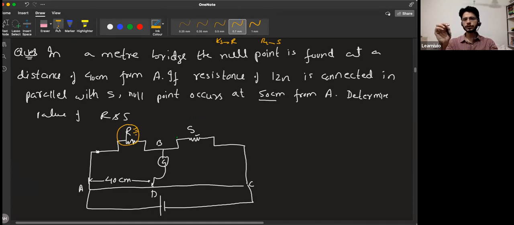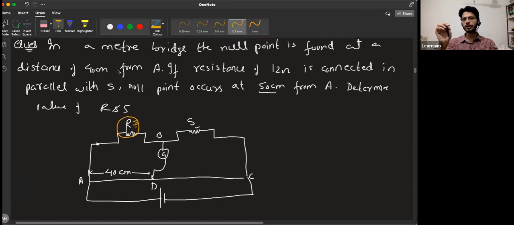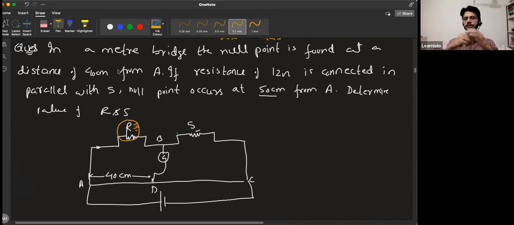Note down the question first. After writing the question, at least note down the given data. We'll solve it together, but at least write down the given data. Also, in numericals of Wheatstone and this meter bridge, a diagram is mandatory. You have to draw the diagram. There are marks for drawing the diagram. You won't get full marks if you don't draw the meter bridge with its middle.